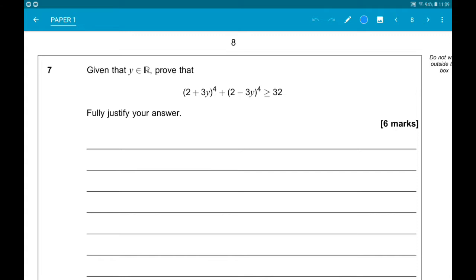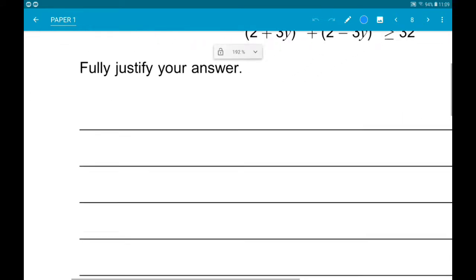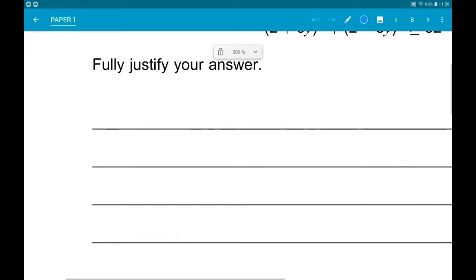So, the first thing we need for the expansion are the coefficients. So to get them, I'm just going to use Pascal's triangle. So the 1 on top is the 0th row. We need the 4th row.